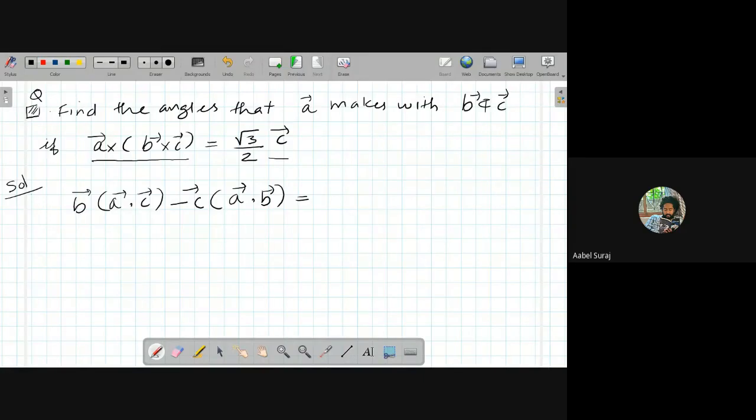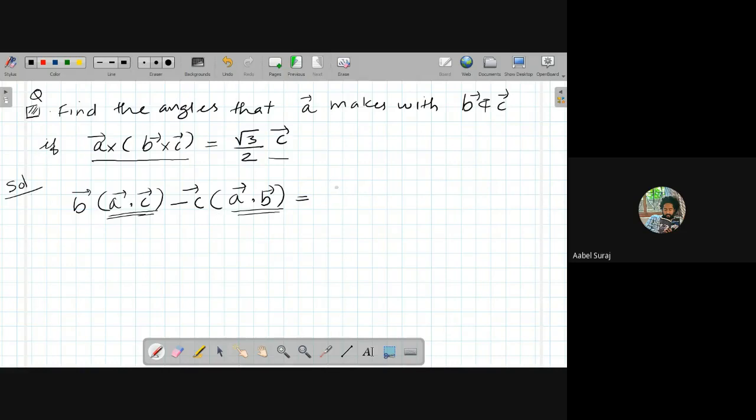Let's assume that this is the B vector and this is its coefficient. Since it is a scalar quantity, this is the coefficient and this is the vector. Here also, this is the coefficient and this is the vector.